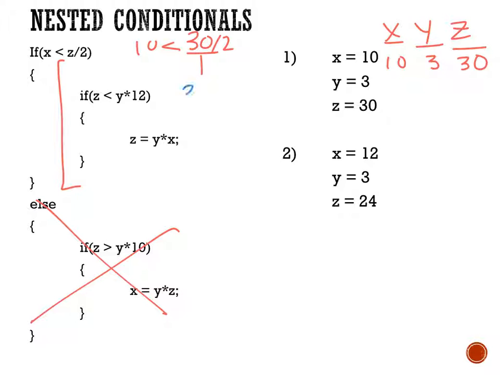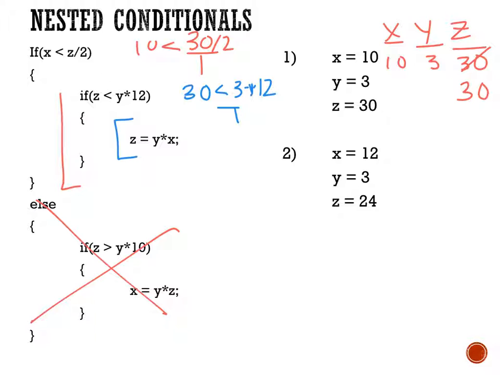So z is 30, and that is less than 3 times 12. And I know that that also is true. So I'm going to go inside here and run this code, and z is going to be changed to y times x, which doesn't actually change the value. But I can see here that I traced it through, and that's how it was in fact changed.